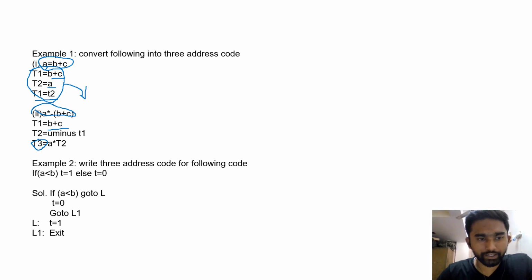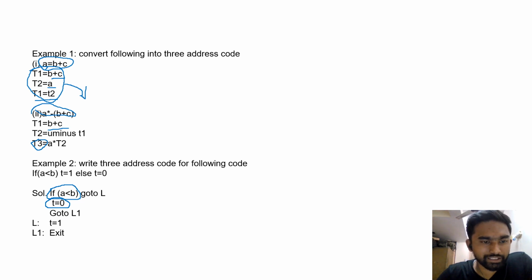Now we will look at another example, an if and else statement. For the if and else statement, first we write if a < b. Now we go to the next instruction, t = 0. This goes in the else part.